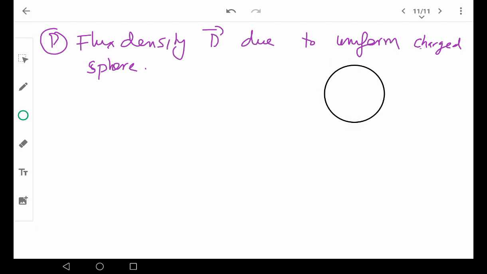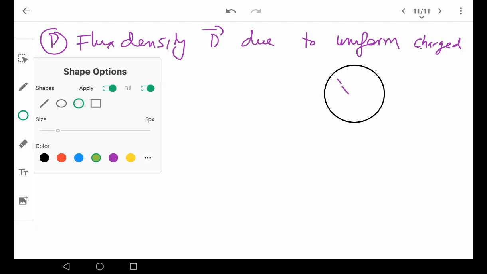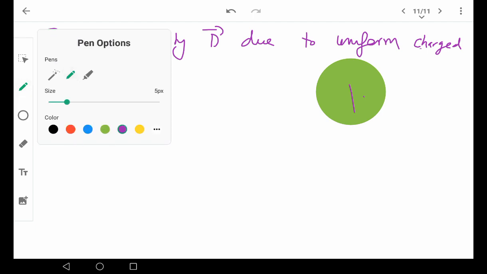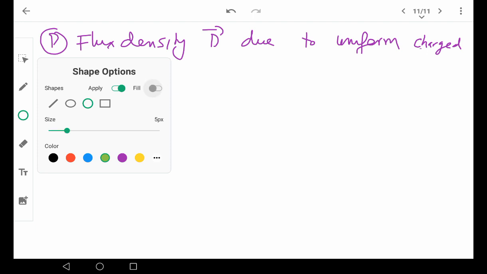I will do it in a better way. I have a sphere here.